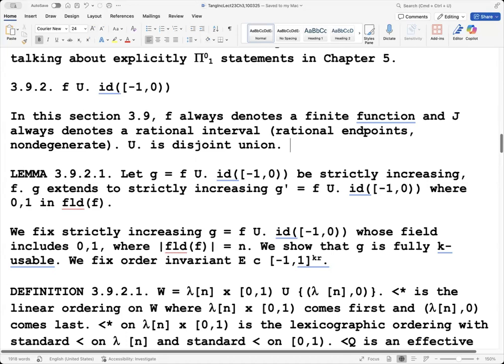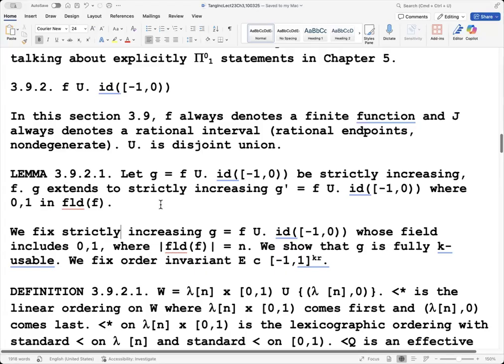It's not really totally necessary to make this move, but it's convenient when you actually prove that these are usable. It's nice to have some particular stuff around. You don't have to worry about degenerate cases that there's nothing there and stuff like that. And this is trivial actually, that you can always do that.